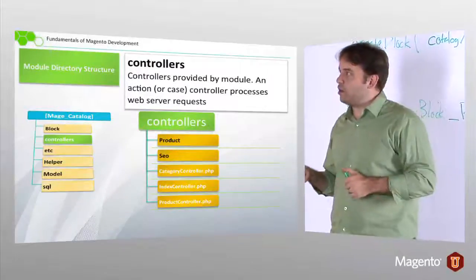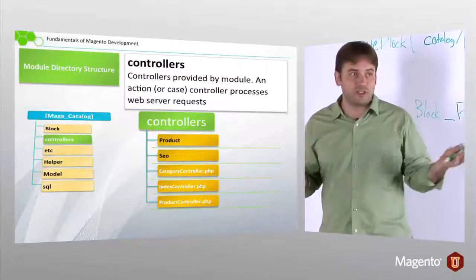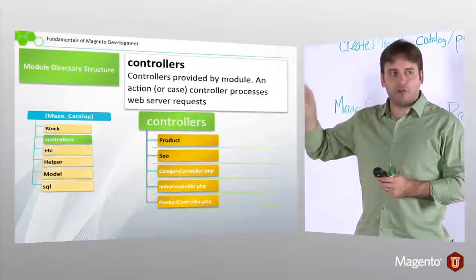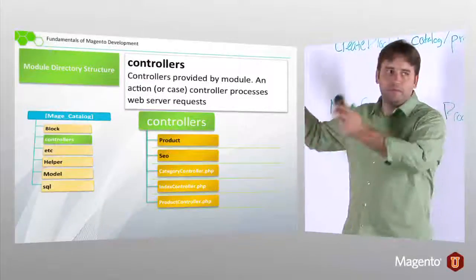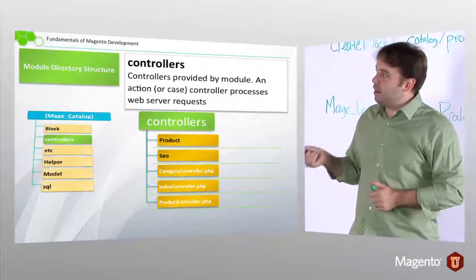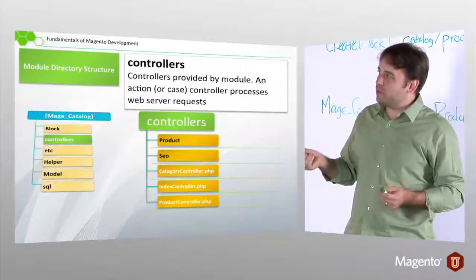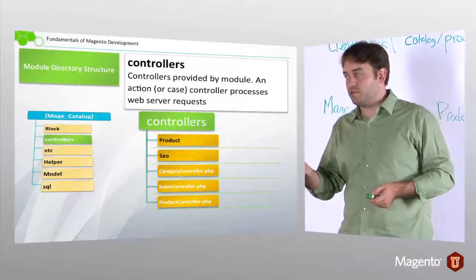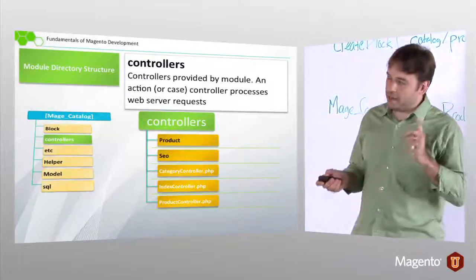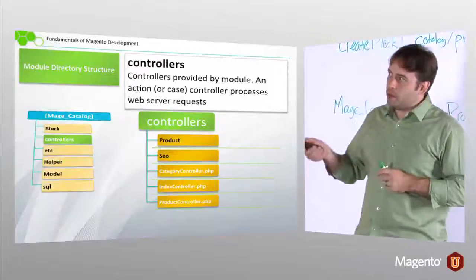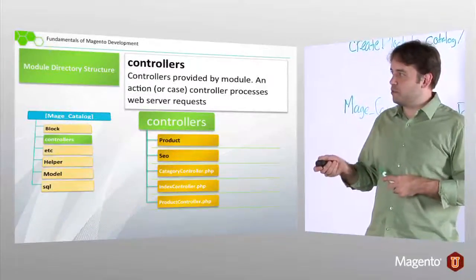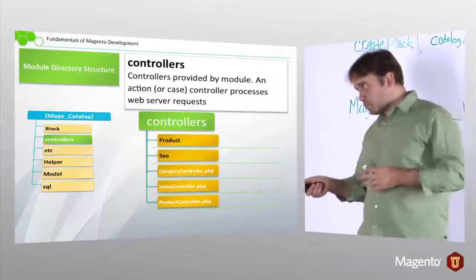So for catalog product view, that's a product page. That would be site.com/catalog/product/view/id/10. That would get mapped through configuration all the way up to Mage_Catalog_controllers. Again, these aren't loaded through the autoloader, but it'll get matched through configuration to Mage_Catalog controllers, and then from controllers into the file system.